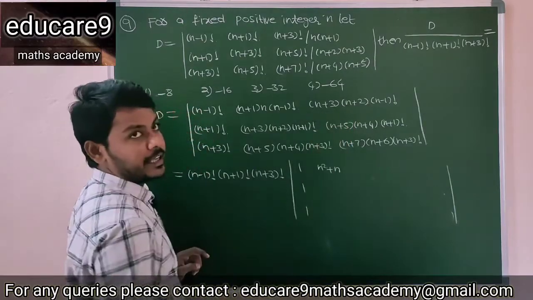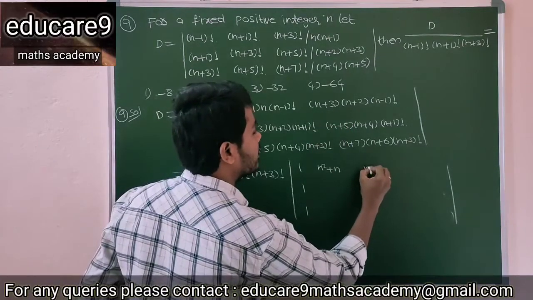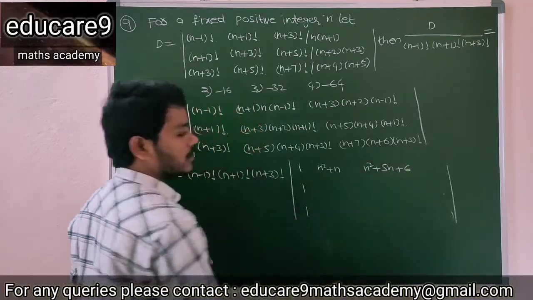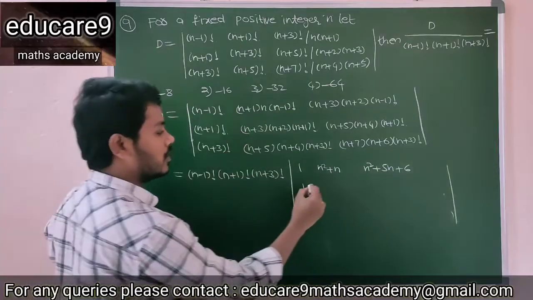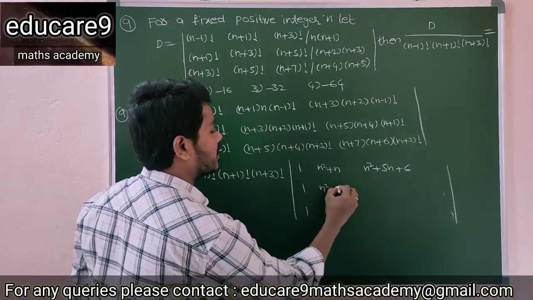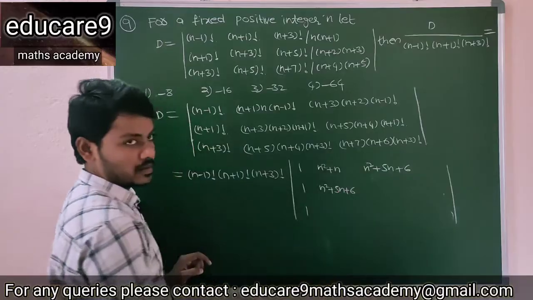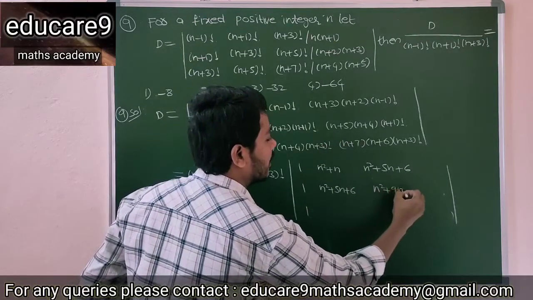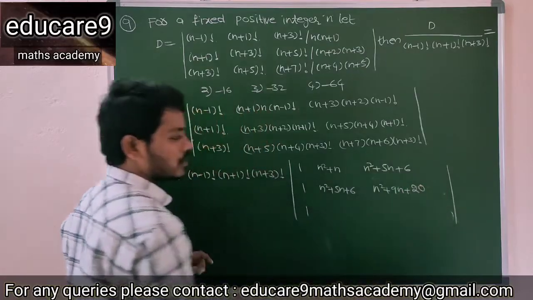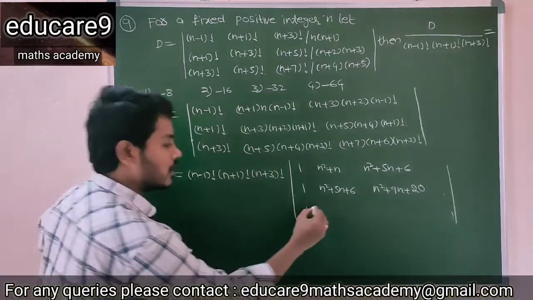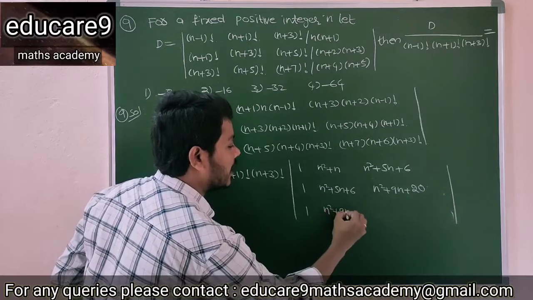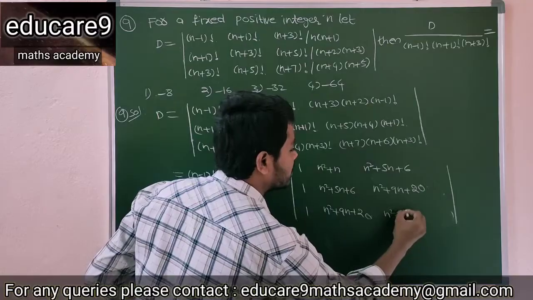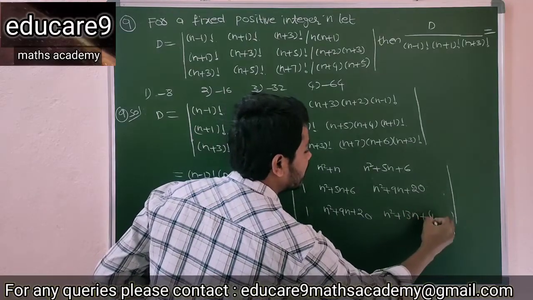Here (n+2)(n+3), that is n square plus 5n plus 6. Next here n square plus 5n plus 6. Next here n square plus 9n plus 20. So next here n square plus 9n plus 20. Next here n square plus 13n plus 42.